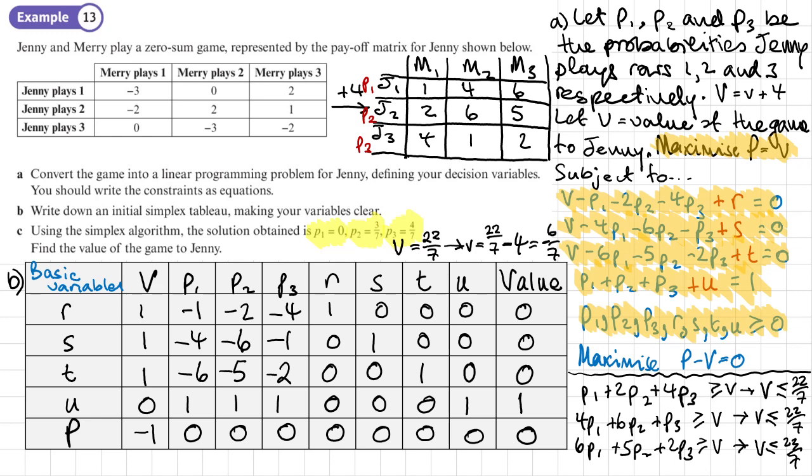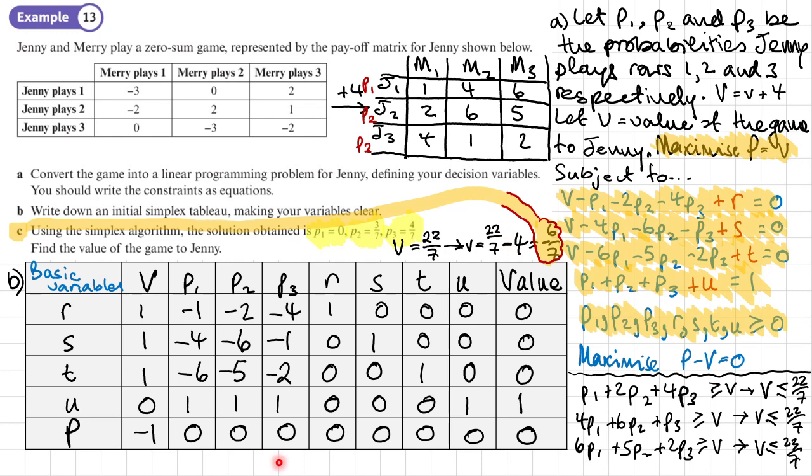So let's just highlight that, a bit difficult to see. So that would be your answer for part C. So don't forget that you need to subtract what you added to transform the payoff matrix if you want to find the value of the original game.